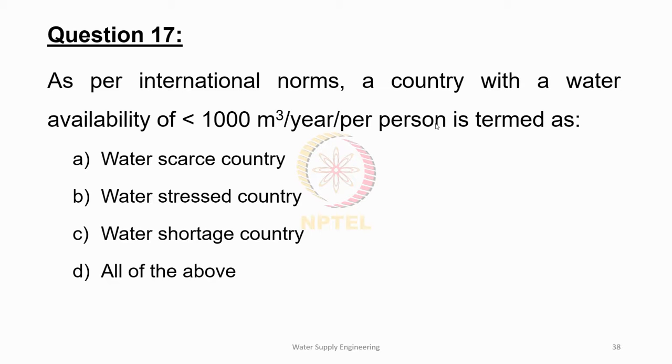So if a country has water availability less than 1000 meter cube per year per person, is it water scarce, water stressed, water shortage, or all of these? What will we term such a country with water availability less than 1000 meter cube per year per person?